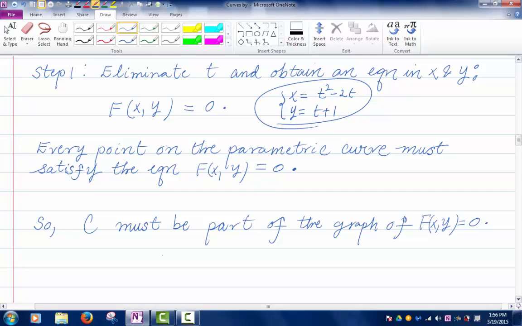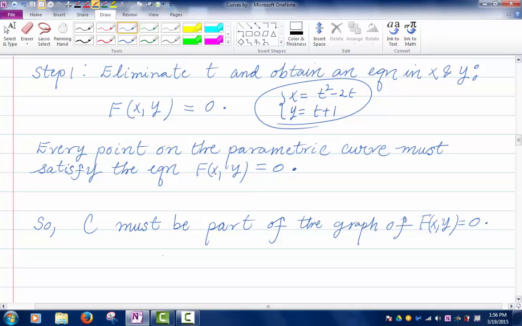It means that for some value of t I get that point. If I say a point lies on my parametric curve, it means that there is a value of t for which I get that point, right? And that point will satisfy the equation that I obtained. So any point on my parametric curve will satisfy the equation. What would that tell you? What it tells you is that whatever the graph of the equation is, the parametric curve will be part of the graph of the equation. Am I making sense?